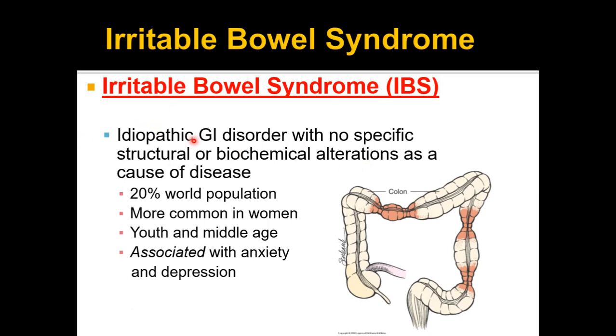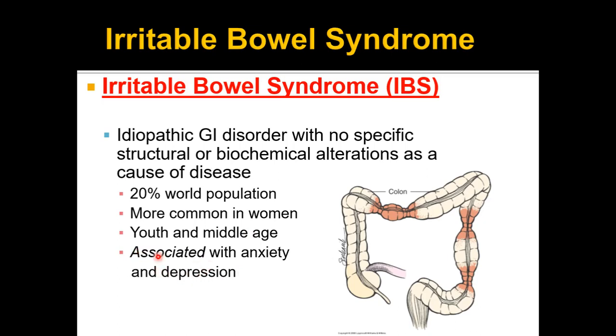So it's still an idiopathic disorder. We don't really know of or see any structural abnormalities or biochemical alterations that are causing this problem, but it does affect a large portion of the world's population, 20%, that's 1/5. So chances are you know somebody who is affected by IBS to some degree or another. Most commonly in women and youth and middle age is the demographic here.